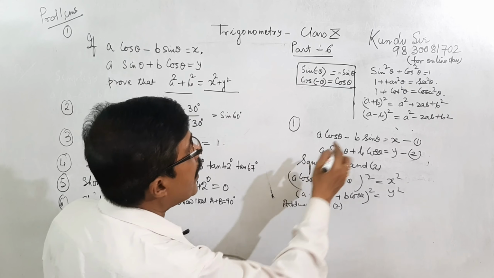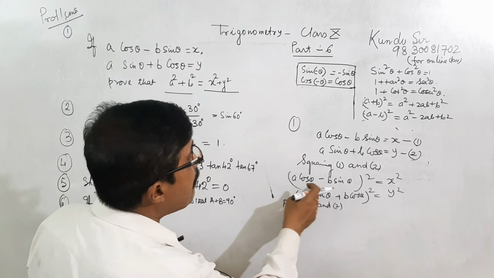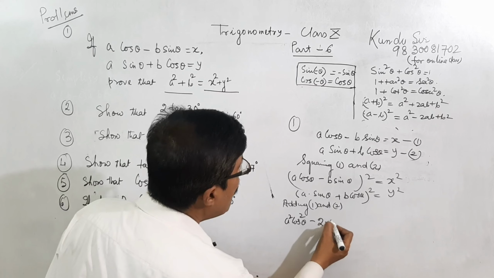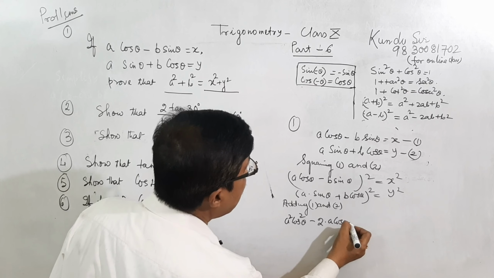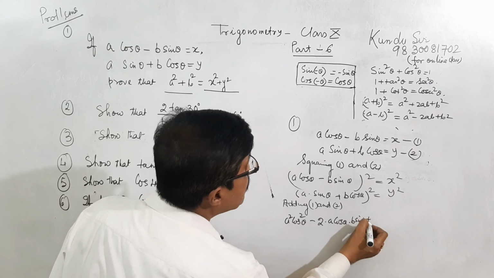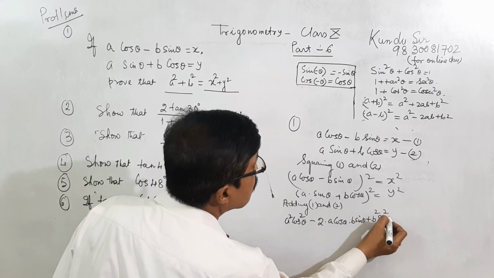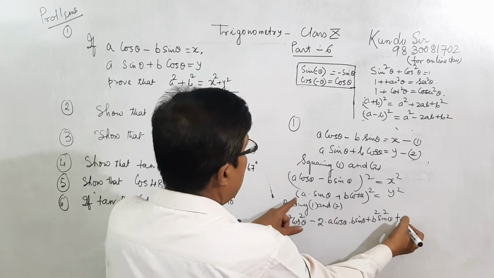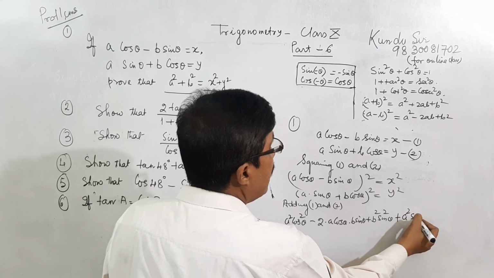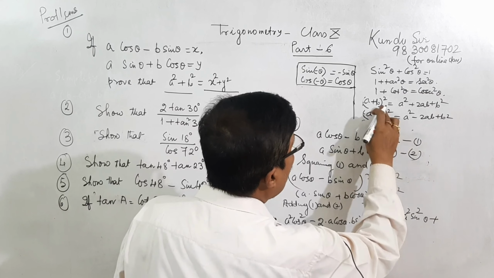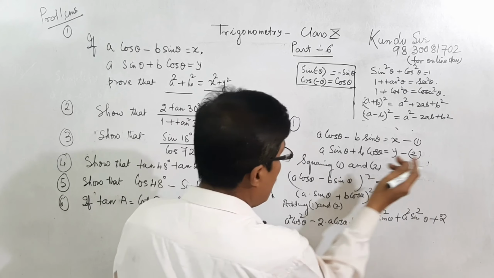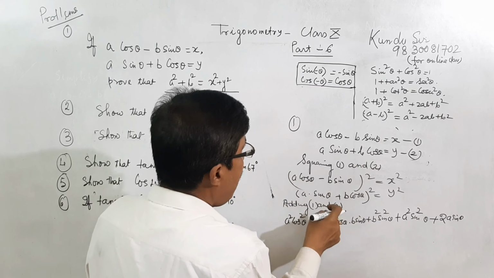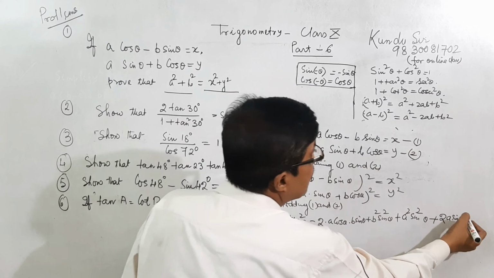Please remember this formula: a minus b whole square is a square minus 2ab plus b square, and a plus b whole square is a square plus 2ab plus b square, with a equal to a sin theta and b equal to b cos theta.